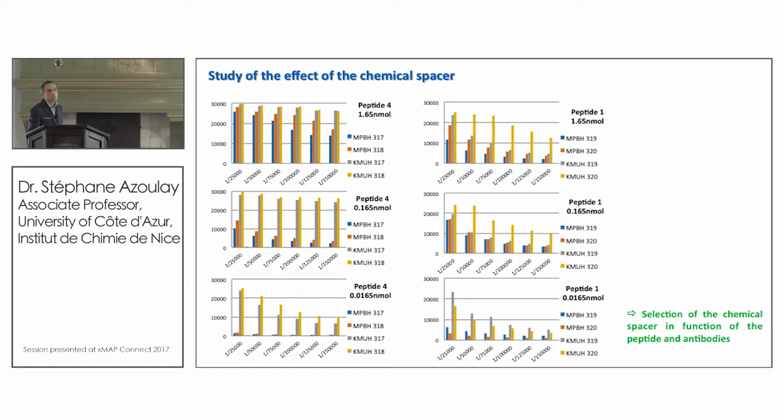So at this point we realized that we also have to take care of the chemical spacer to improve and optimize our assay. To make a long story short, we tried a lot of combinations with all our peptides and our sera to find the best chemical spacer for each peptide and each combination of antibody.